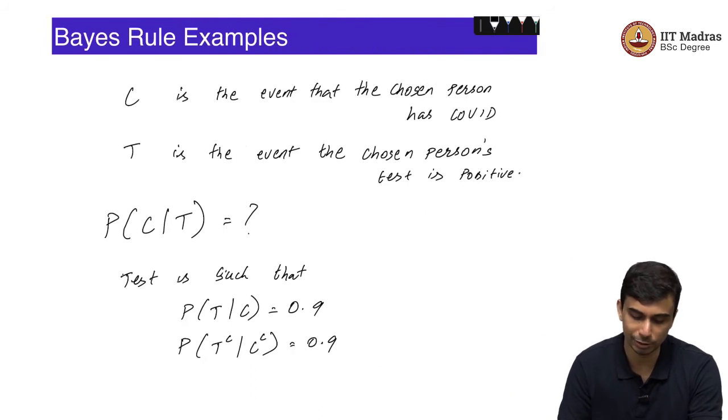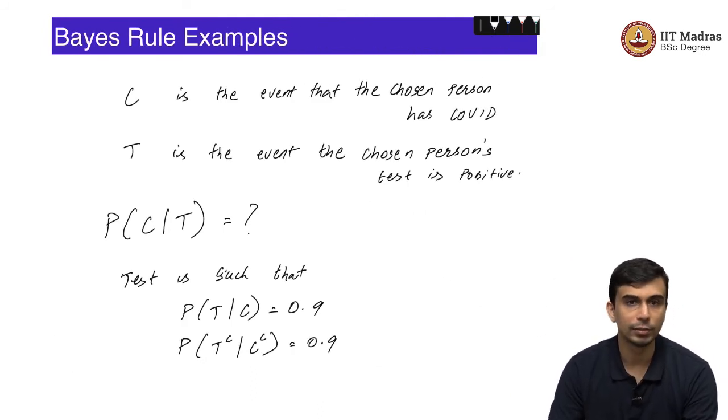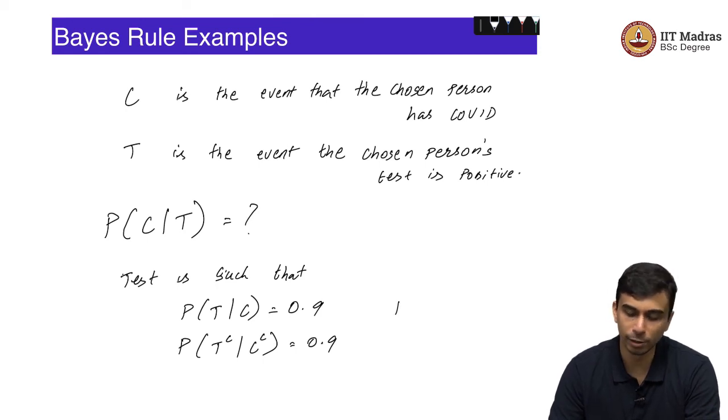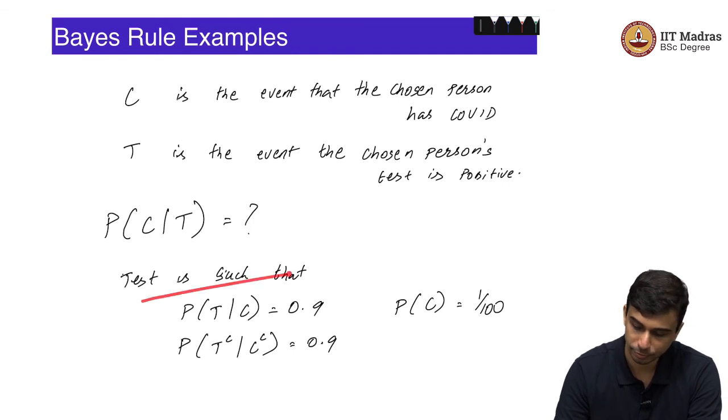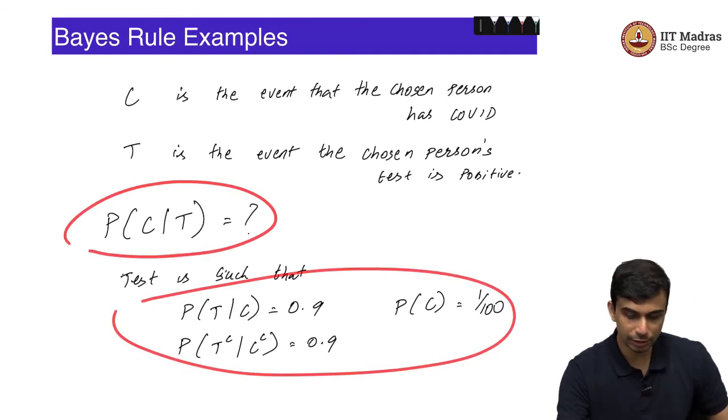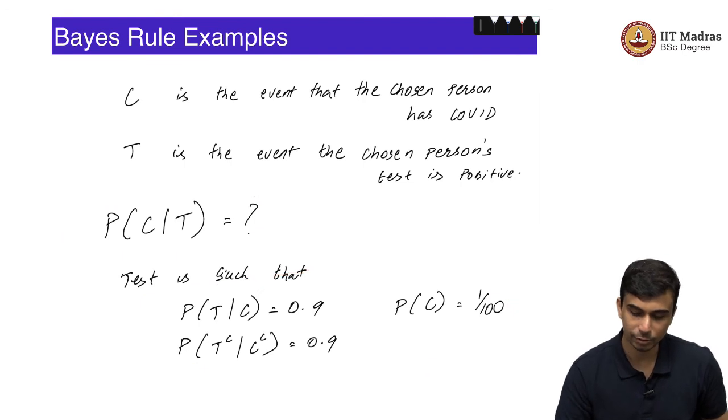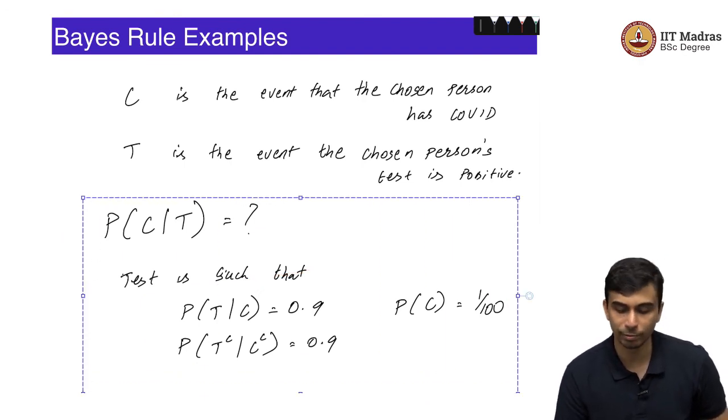In addition, you have the extra piece of information that in this population of 100 people, 1% have COVID. So probability of C itself is equal to 1 by 100. With these three facts, you want to compute the probability of COVID given T.